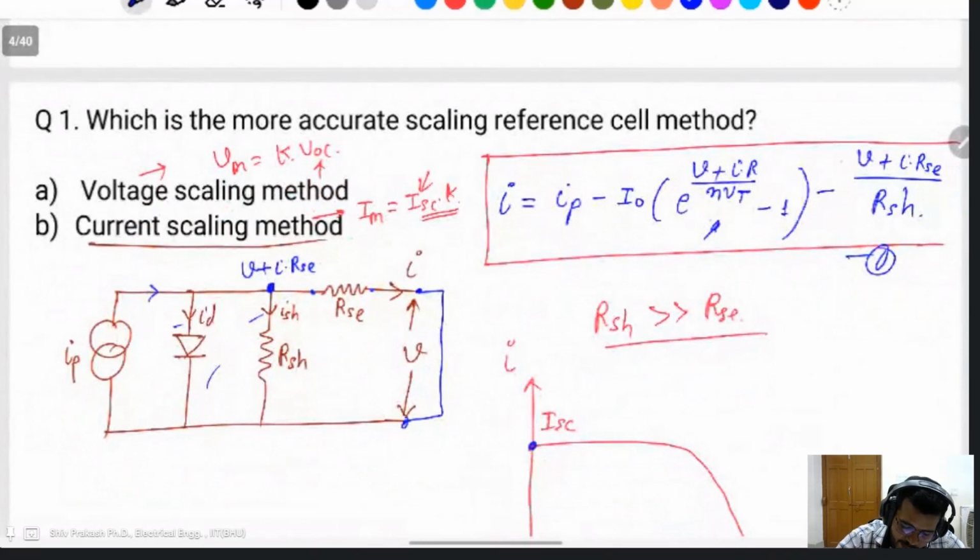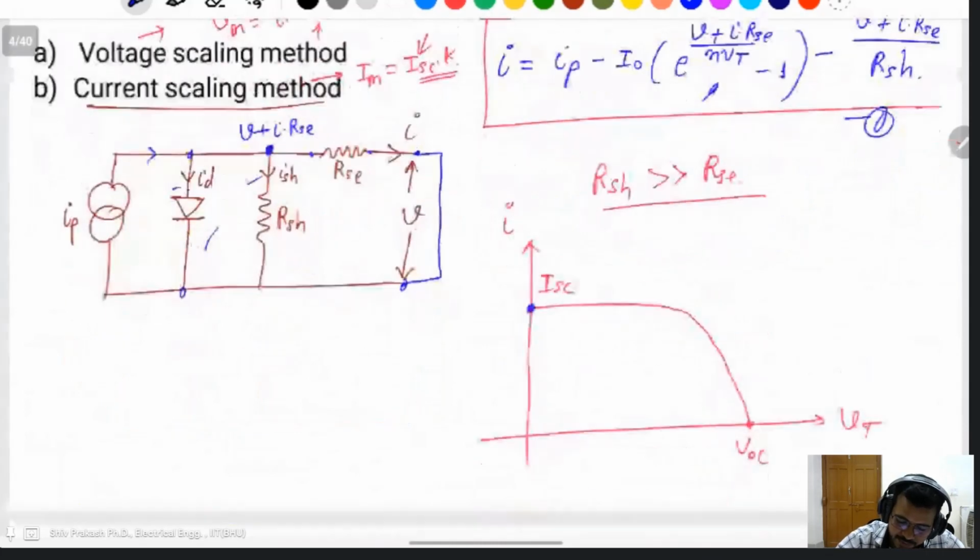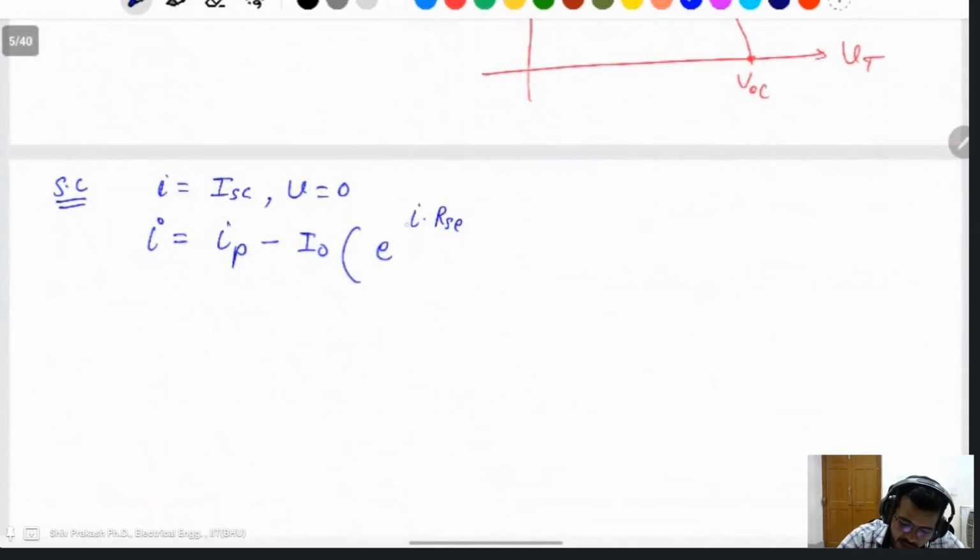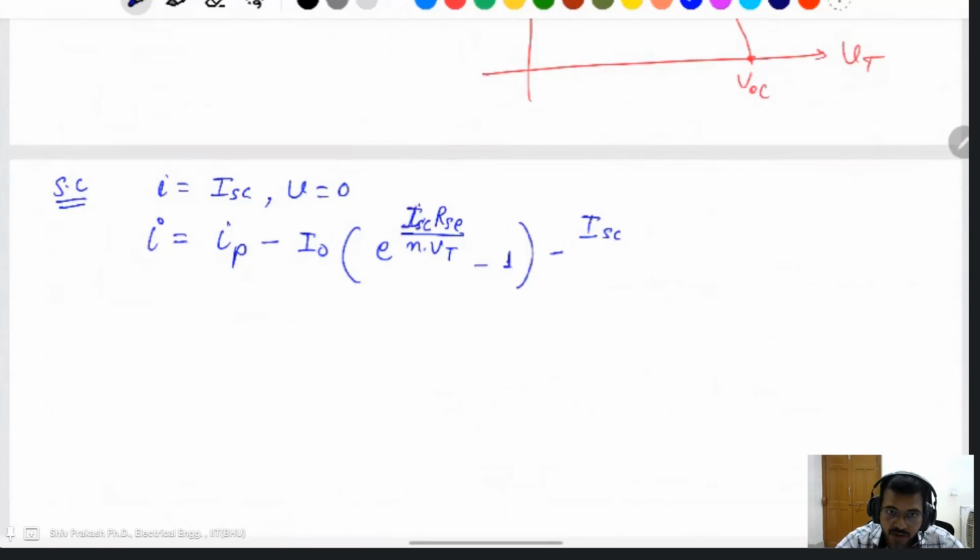This voltage also appears across the diode, that's why V plus I into RS. V is equal to 0, that's why I will take N into Vt minus 1, minus of ISC in place of the current. I is the ISC, short circuit current, into RS divided by RSS.